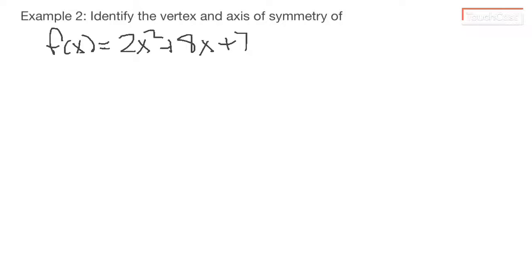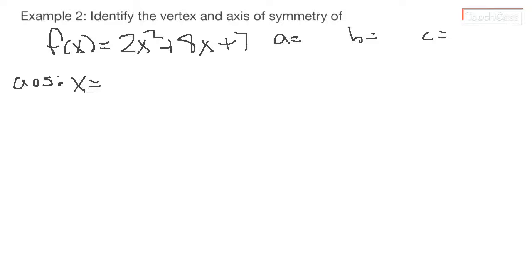Now I'm going to start by finding my axis of symmetry, which I'm going to just abbreviate as AOS. So that's going to be a line, x equals, and before I even continue with finding my axis of symmetry, I'm going to first identify what my A, B, and C parts are.